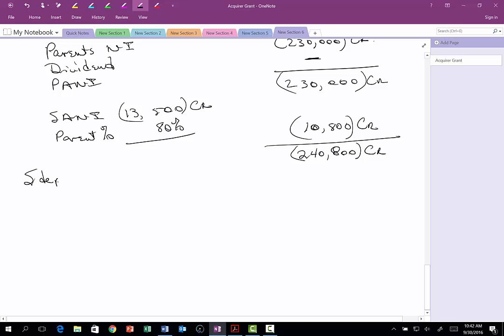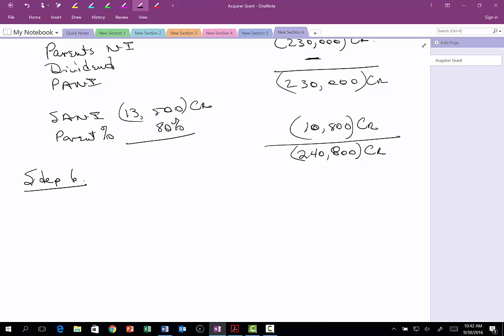And finally, step 6, last step before consolidation. If you recall, when we consolidated at acquisition, we eliminated the sub's retained earnings. Now what has to happen though is we actually get to share in some of the retained earnings, but only since acquisition.